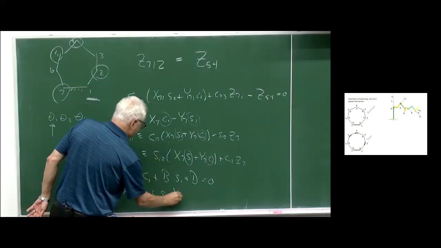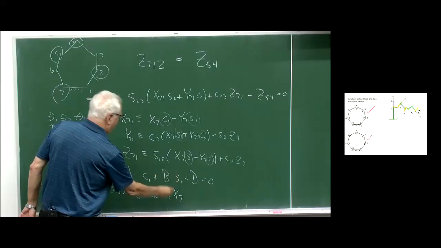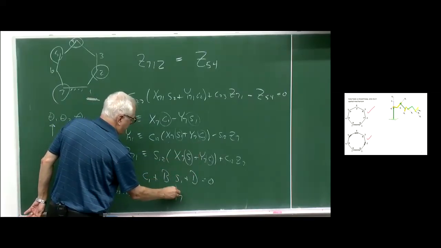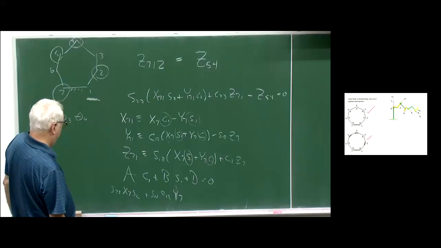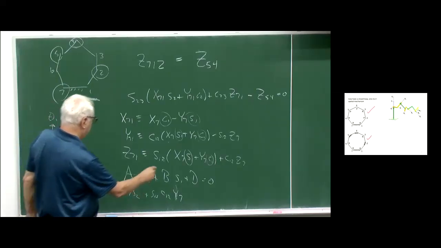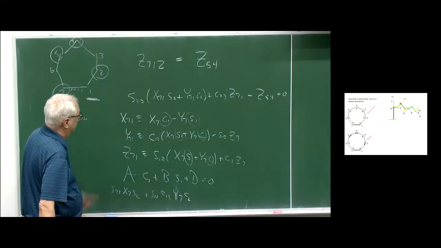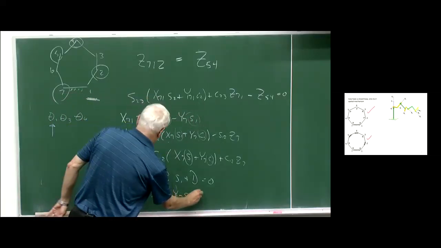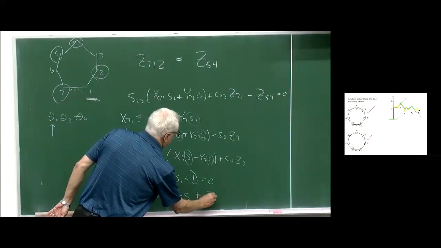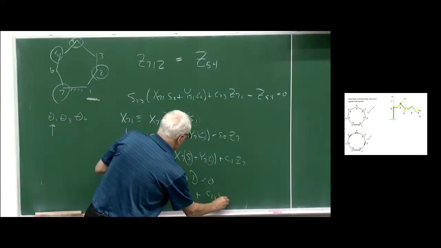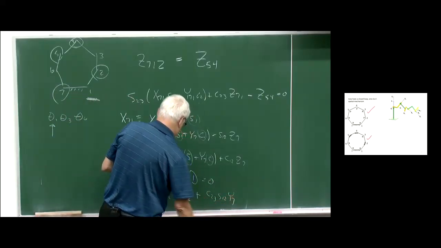I'm going to mess this up. X7, no, sorry, Y7, because we're grouping the C terms, times C2, because of that. And then I have to substitute this up there and add in a C23 times, here's the term, S12 Y7.